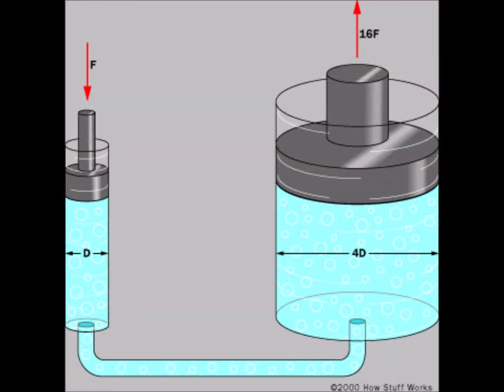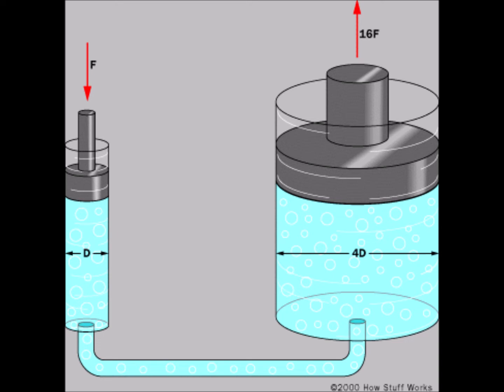And this hydraulic capability that you can see here is that if we put a force F, as you can see on the left, on the smaller cylinder, it will produce a pressure in the fluid, and this pressure will be the same everywhere. But because the area of the larger cylinder is greater, you will get a greater force.